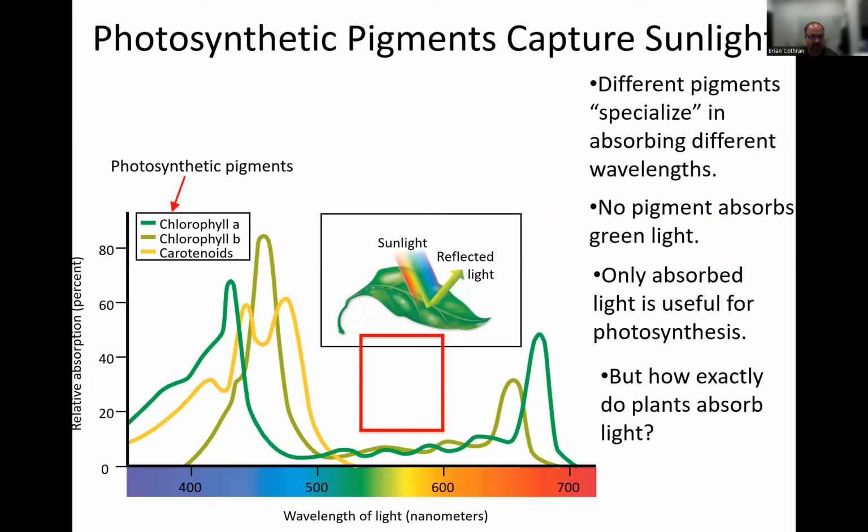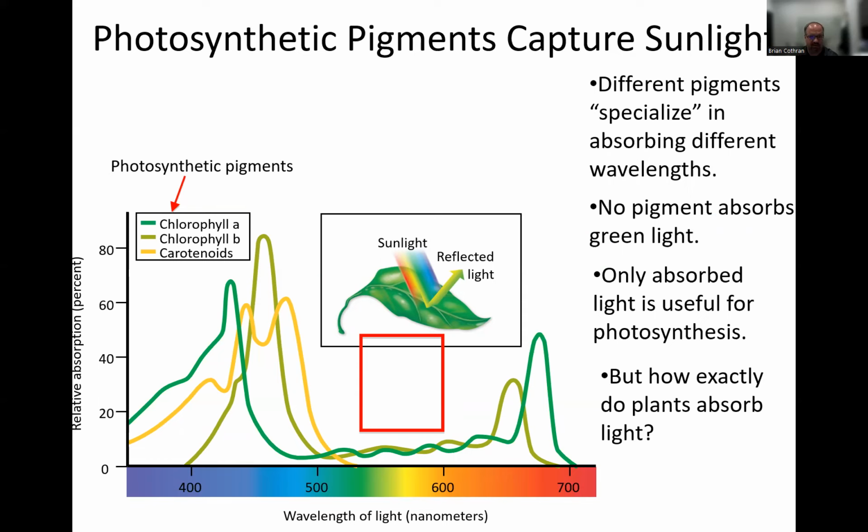So you see down here how much is actually getting captured, a lot here. So chlorophyll A, chlorophyll B, these are two types of chlorophyll. Chlorophyll is a pigment that absorbs light, and it absorbs a lot of the light that's in this spectrum here. Carotenoids are also pigments found in plants that absorb a lot of light here.